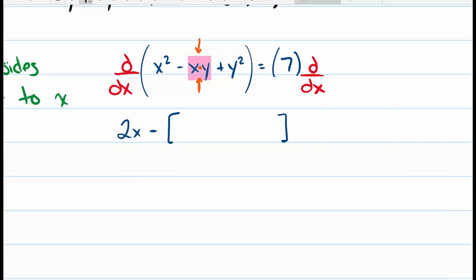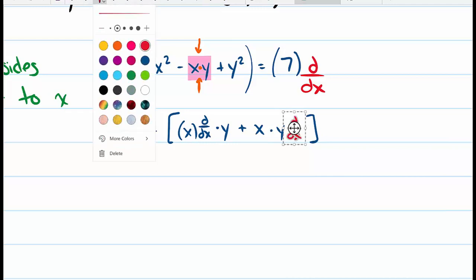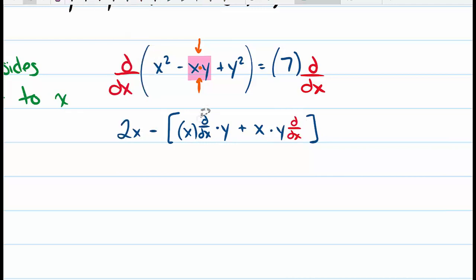But I'm going to break it down just step by step. The derivative of the first times the second plus the first times the derivative of the second. And just to make this more clear, we're taking the derivative here and here. Okay.